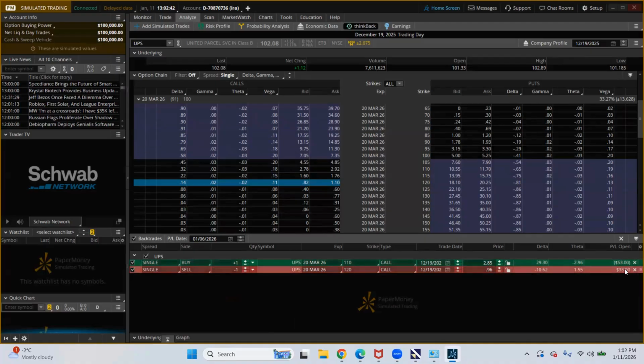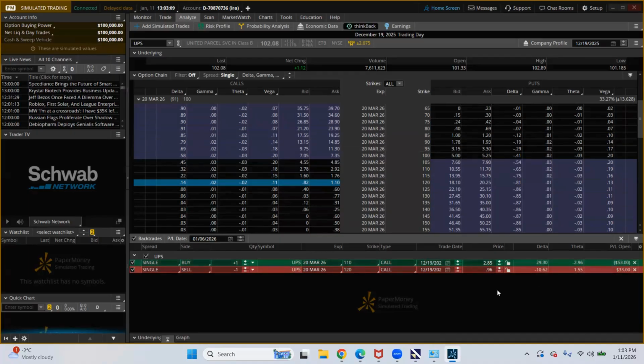And in this case, I'm down $20 on a risk of 190, about 10%. So I'm okay with somewhat limiting the upside, because I want the trade-off of less decay as I'm waiting for the trade to do what it's going to do. So that's why I chose this 110, 120 call.